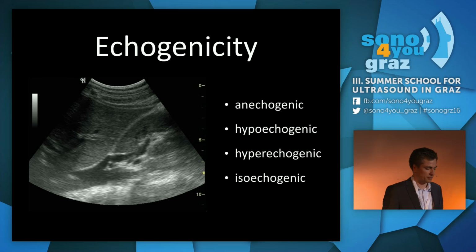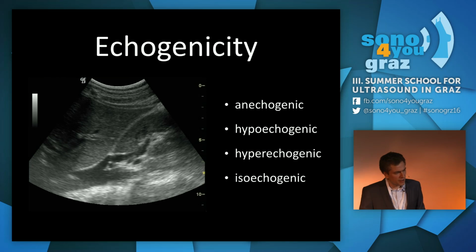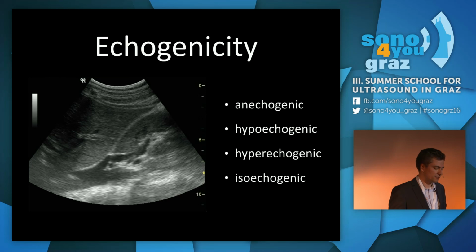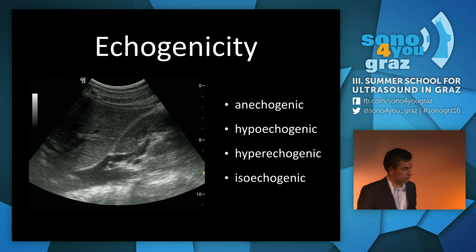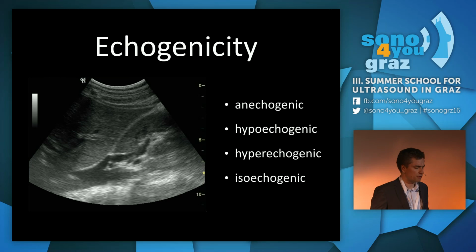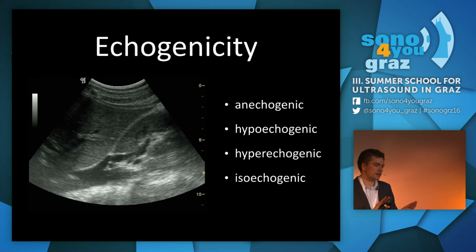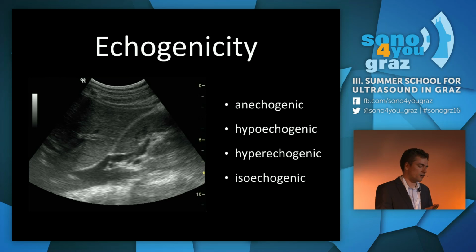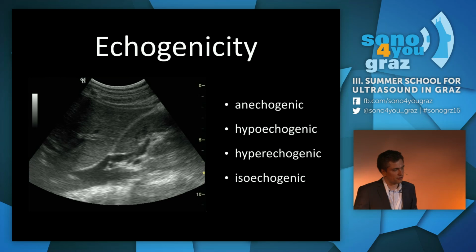There's no echo coming out. Then we have areas with a little gray. This is hypoechogenic. Then we have areas which are really bright. We get a lot of echoes, so we have a hyperechogenic structure. And if we compare two structures with each other and they have almost the same echo, we can call them isoechogenic.